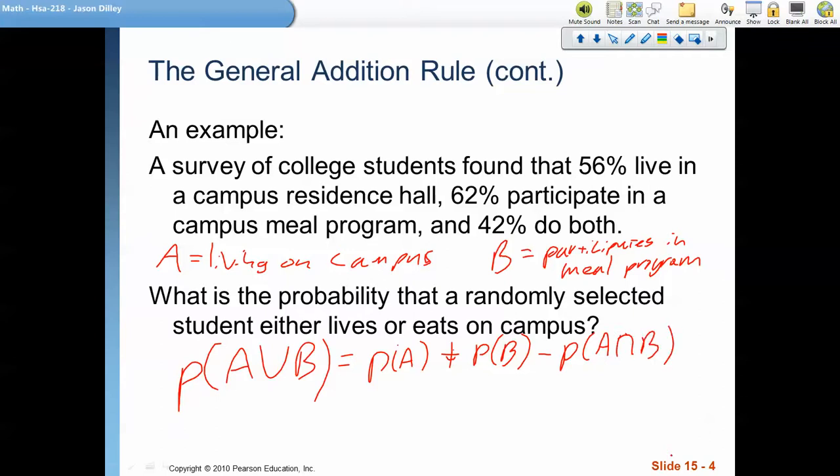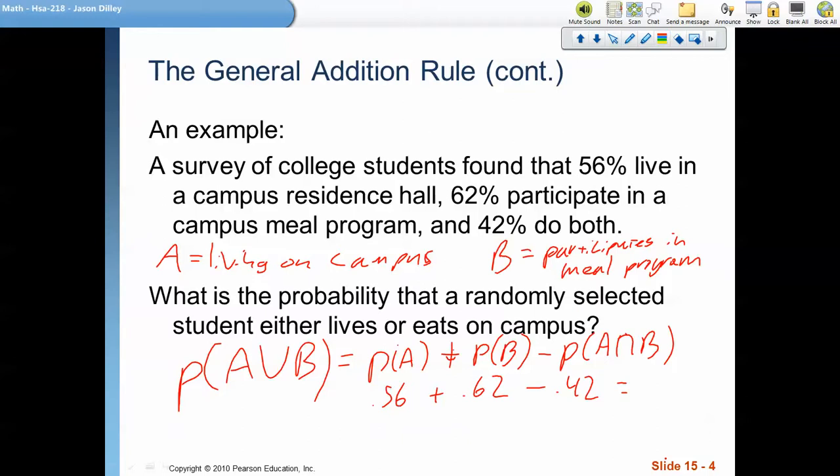So do we have all that information up here? P of A is 0.56. P of B is 0.62. P of A and B, that's the probability that they do both. That's 0.42. Given in the problem, yeah.